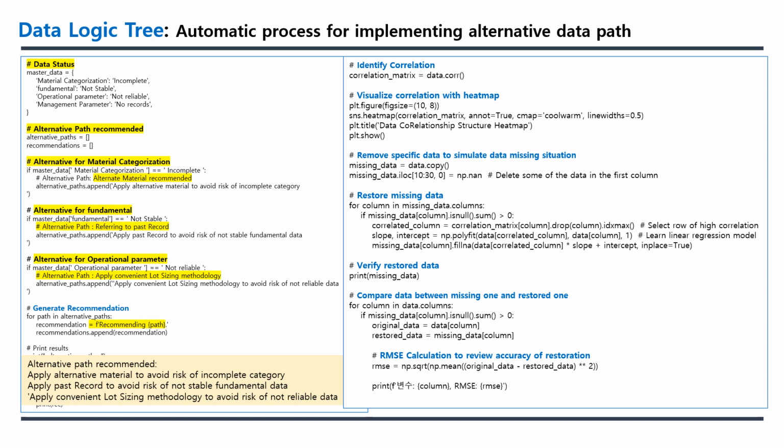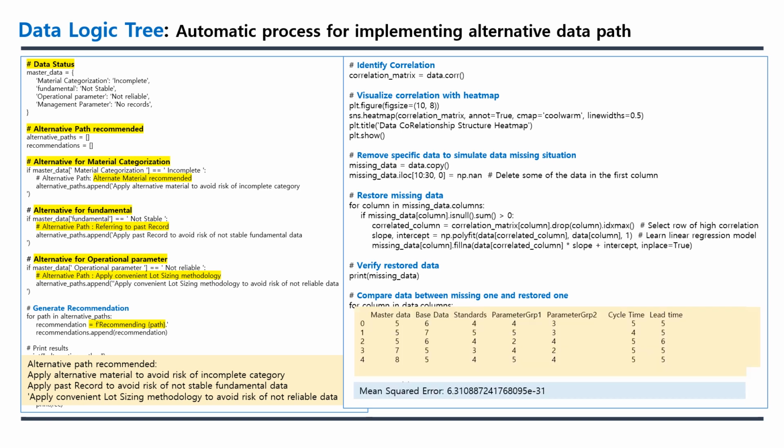This is a simulation program, first removing specific data, and then restoring the missing data, and then finally identifying if the restored data is providing accurate or reliable information. So this series of program will finally generate the recommended data, and then it will also show how accurate the recommended or generated data is compared to the previous or original data.